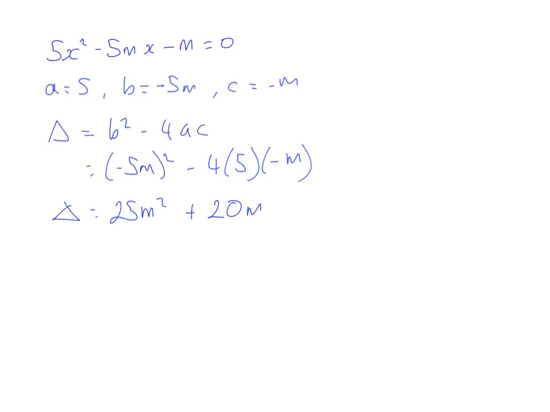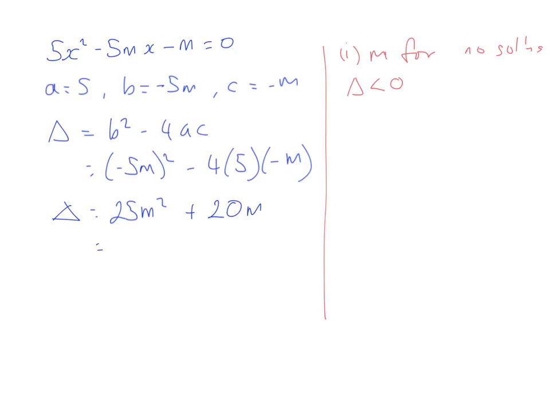So the question will ask me for part 1, I want to find m for no solutions. That's when the discriminant is less than 0, so when it's negative. So what I've got here is a quadratic equation, I've got an m squared and an m, so I'm going to factorise that.